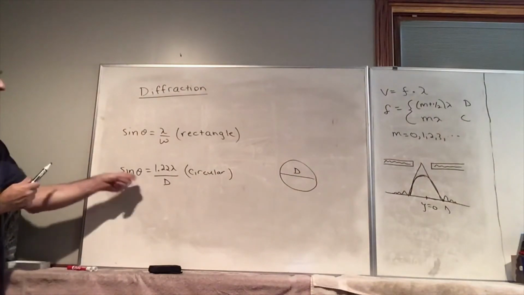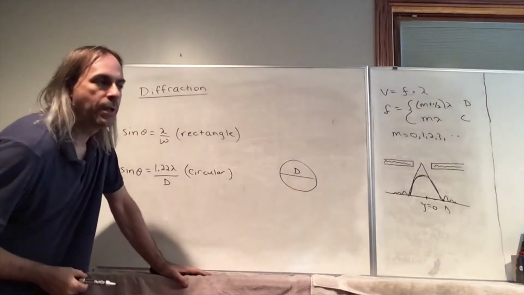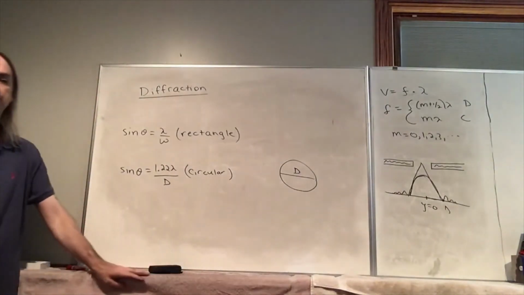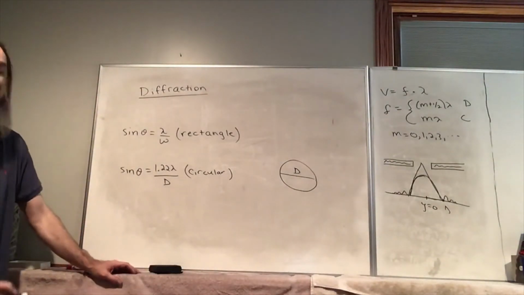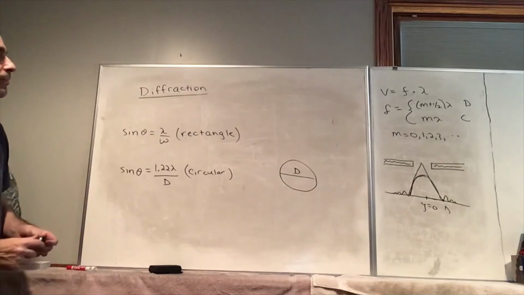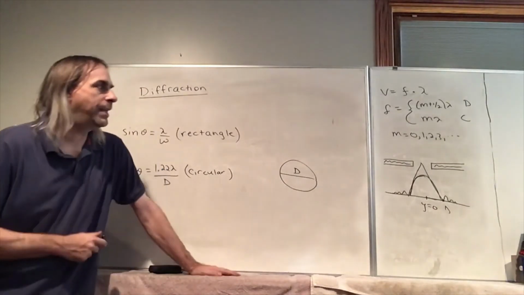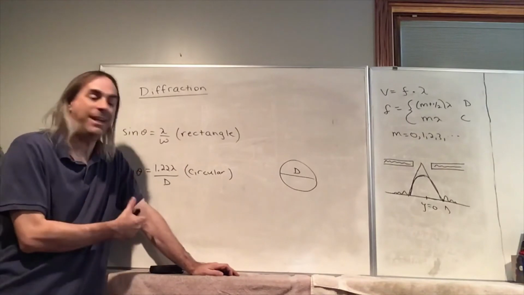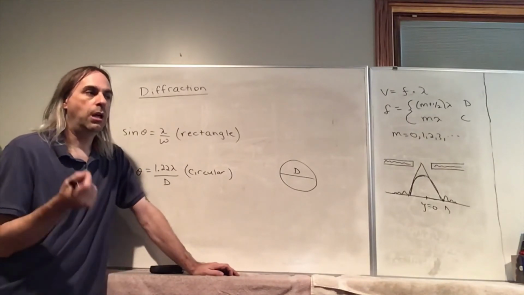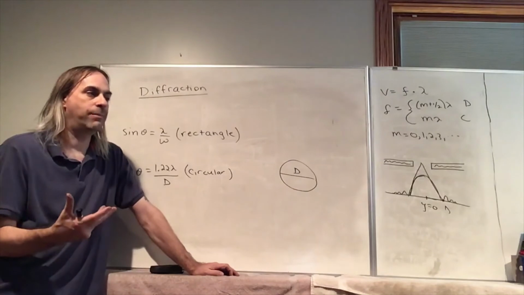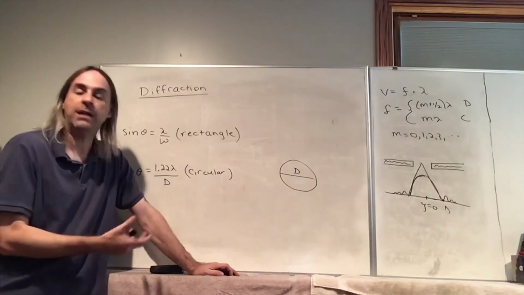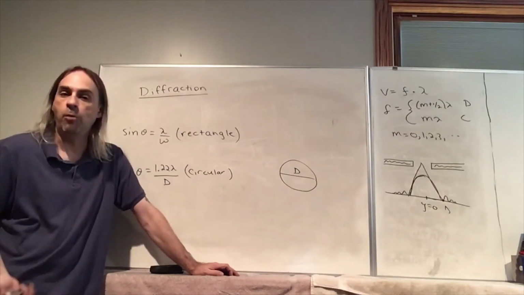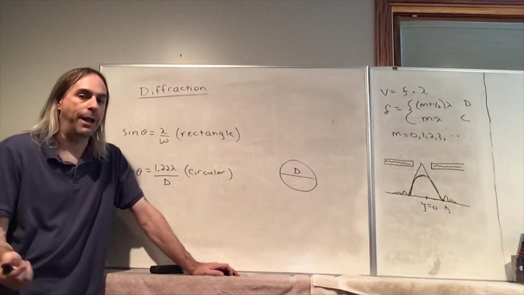Now, this is a very important result because things tend to pass through circles. If you have speakers, those are circular. And particularly if you go to the subject of optics, if you look at light instead of sound, every time you're seeing light, it's passing through a circular opening. That'd be the pupil of your eye.